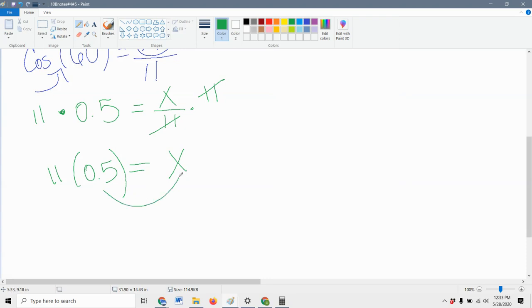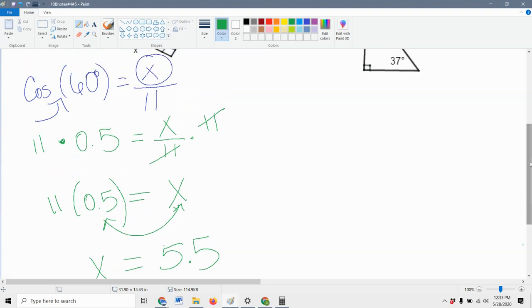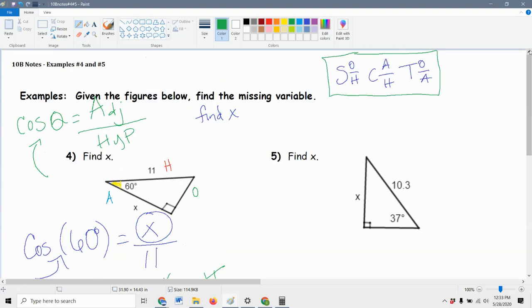We can swap the sides here just so that our problem looks a little easier. x equals 5.5. And that is the value of the length of that side, the adjacent side that we currently have labeled as x. So now we know the value of x is 5.5.